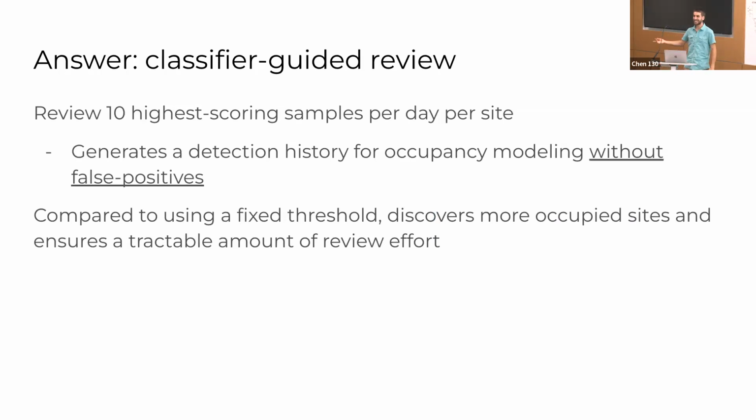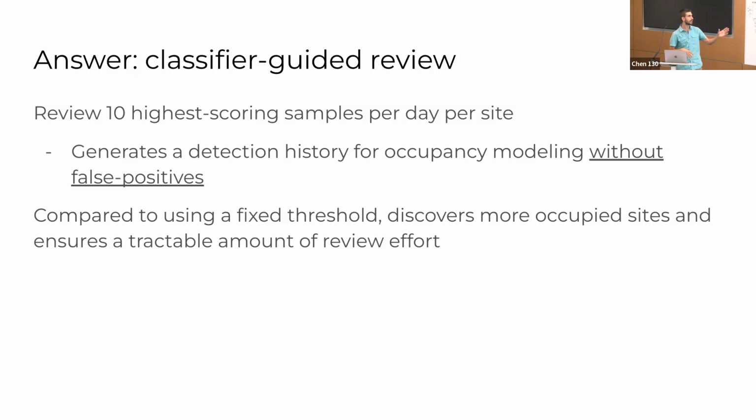So what we decided is that all we need to do is try to detect it at each site, right? And so all we're going to do is go to each site and review just a handful, maybe 1 or 5 or 10, of the very most confident samples of the detector at that site on that day.